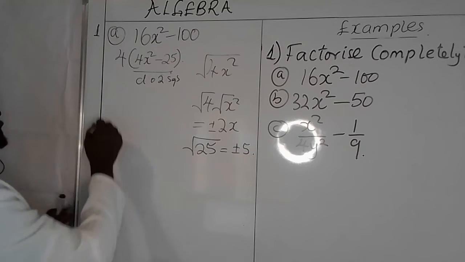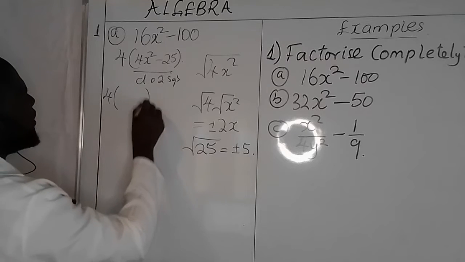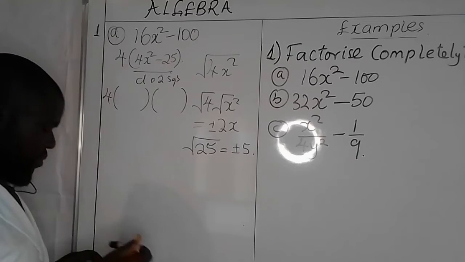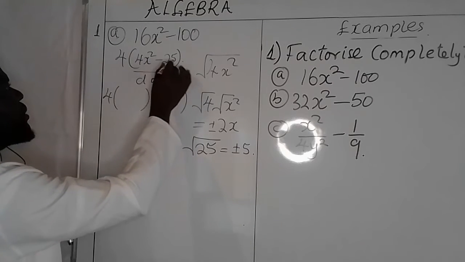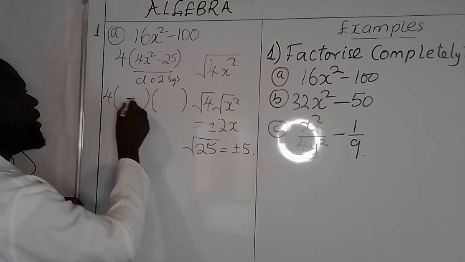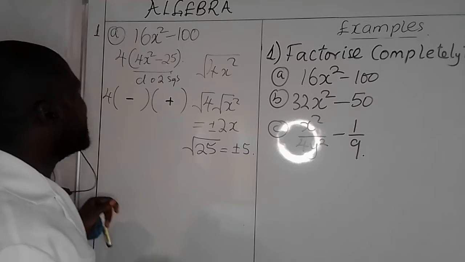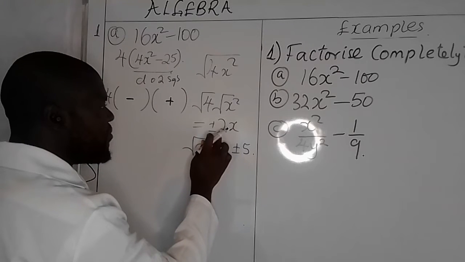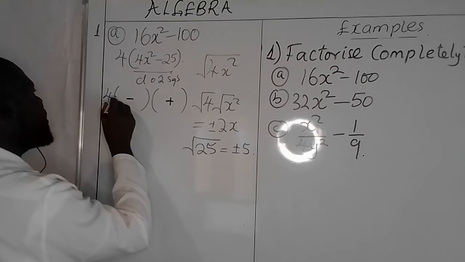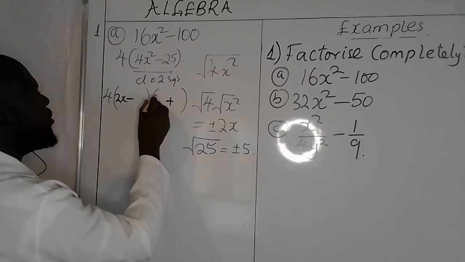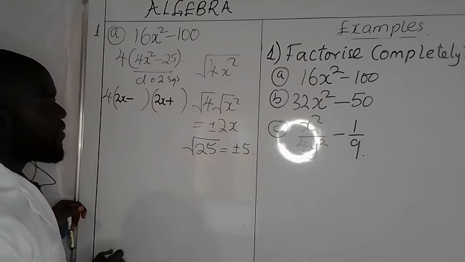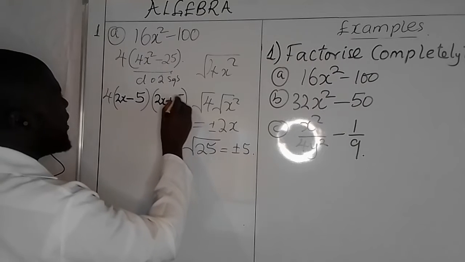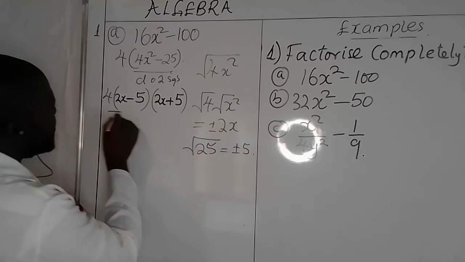Now the way we factorize a difference of 2 squares, we get 2 factors. From 4x squared minus 25, we shall get 2 factors. One will be negative, the other one will be positive.